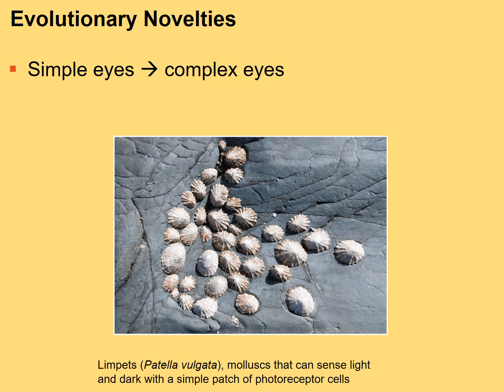Organisms that exist today still have these simple eyes, right? We have the limpets, which have basically a simple collection of photosensitive cells which allow them to detect light. However, over the course of time, more complex eyes have developed, and you should watch that video, which describes the evolution of the eye.